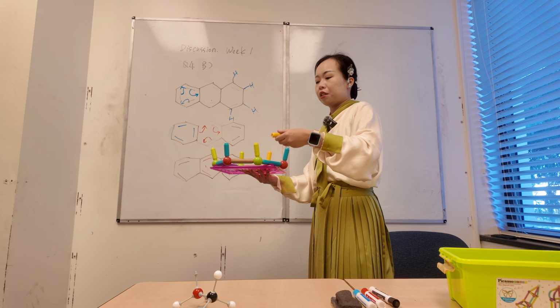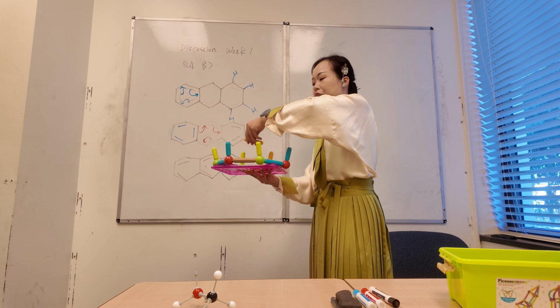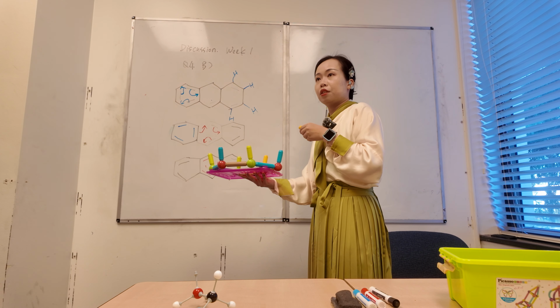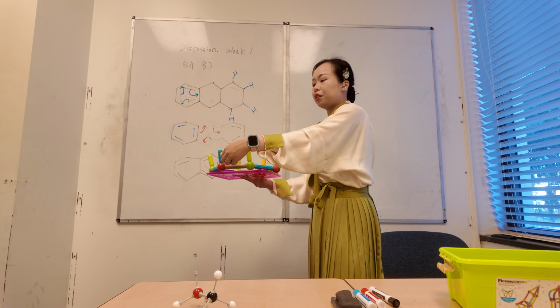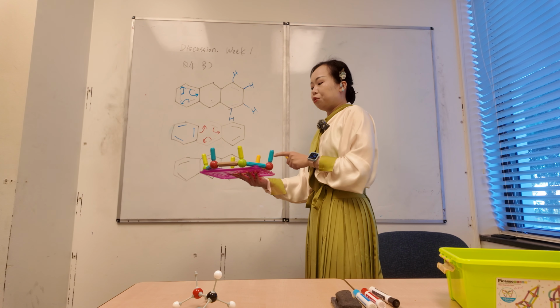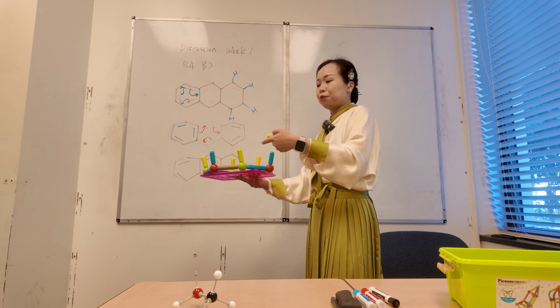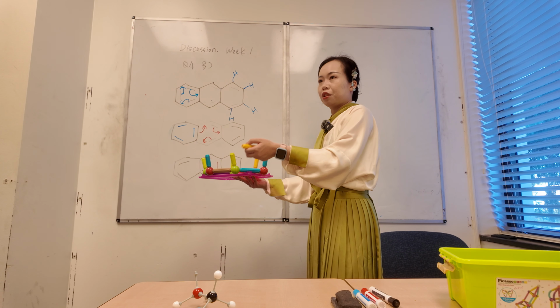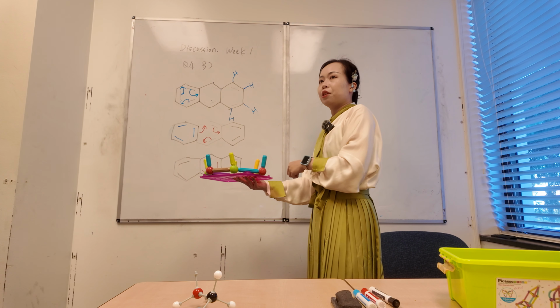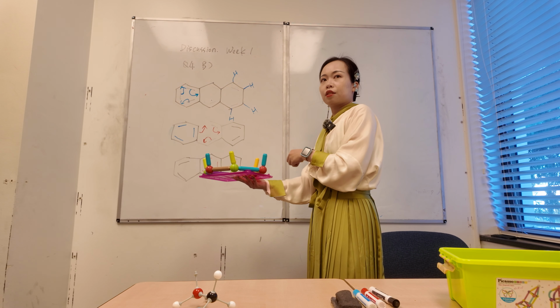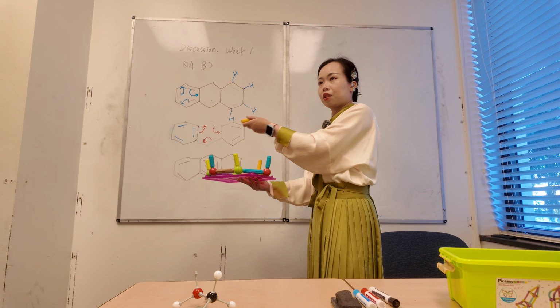But the next second it forms a bond between here and here. Is that clear? That's the purpose of showing those arrows: you break this bond and form one here, then you have to break this bond because this blue one is already forming a bond with this green one. You have to break this bond and form one here. So that's the key point of resonance: the single bonds and double bonds keep changing.